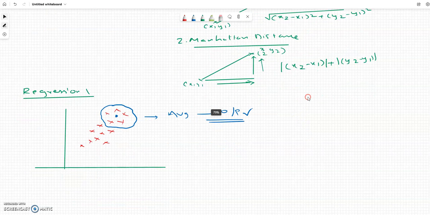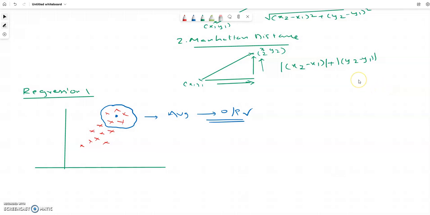Now here we have two problems. One is outliers and the other one is imbalanced data. So when we have outliers in our data and also when we have imbalanced data, KNN algorithm won't perform well.